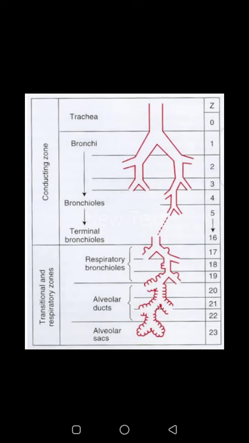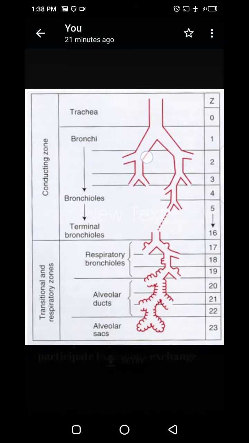Now, this is what I'm saying. In a healthy person, physiological dead space is equal to anatomical dead space. What do I mean by that? In a normal healthy person, it's expected that there shouldn't be any dead space in the respiratory zone. So in a healthy person, you are expected to have just the anatomical dead space.